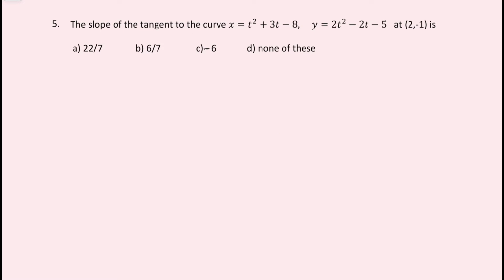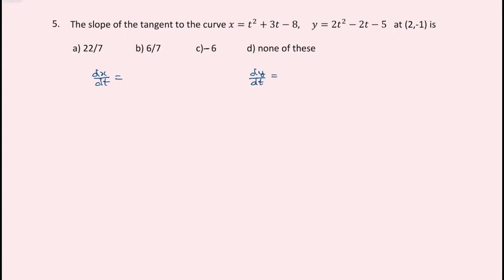Question number 5. The slope of the tangent to the curve x is equal to t square plus 3t minus 8 and y is 2t square minus 2t minus 5 at 2 comma minus 1 is. These are parametric equations. Let us first find dx by dt and dy by dt.